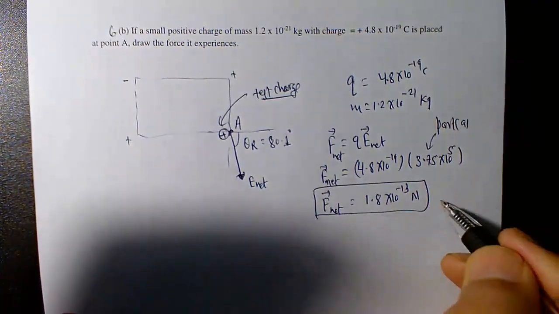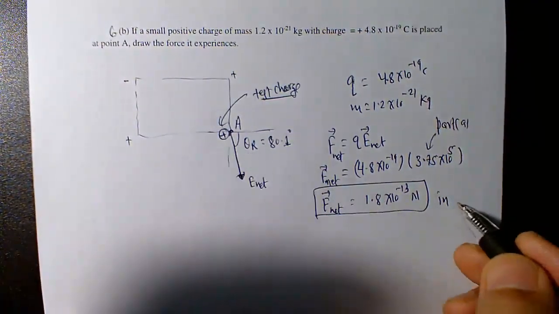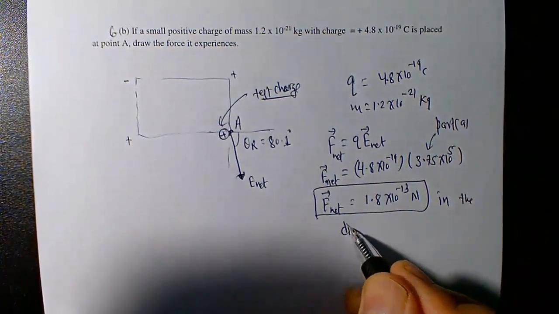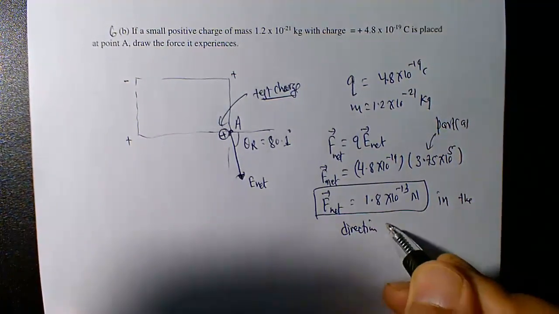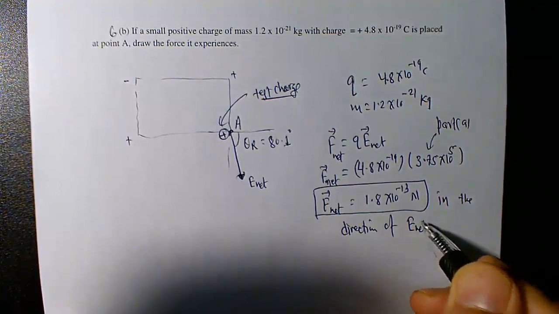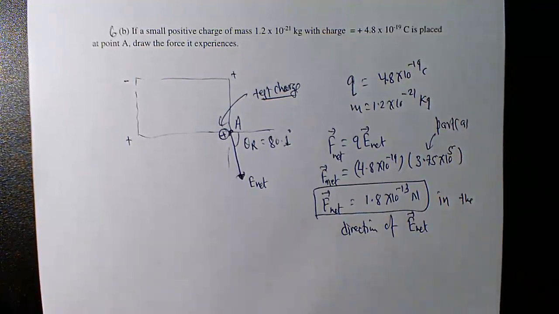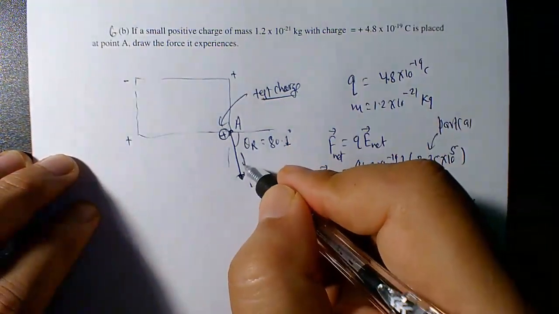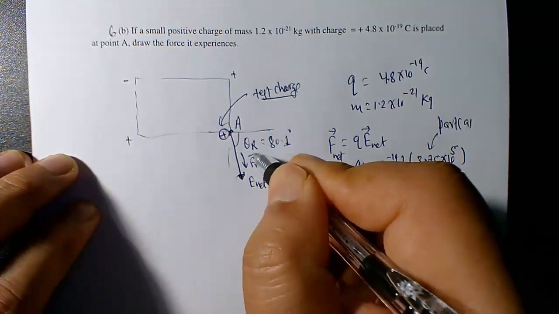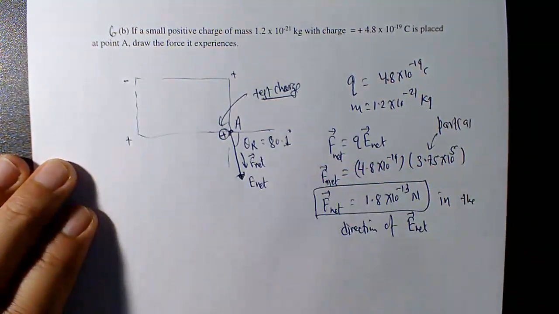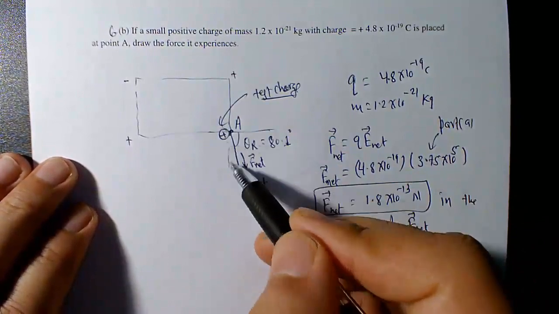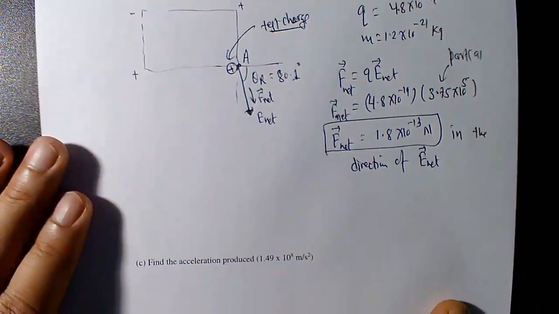And in which direction? Since it is a positive charge, the force will be in the direction of the net electric field. If it were a negative charge, it would be the opposite direction. So we found the force.